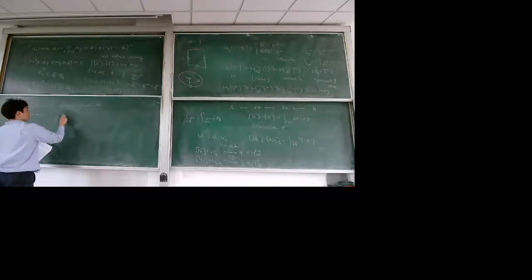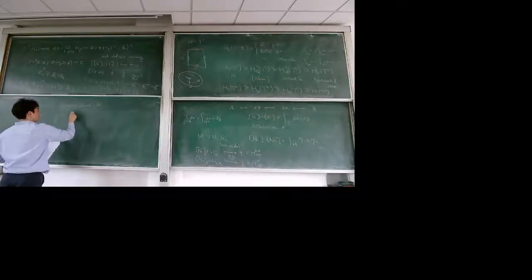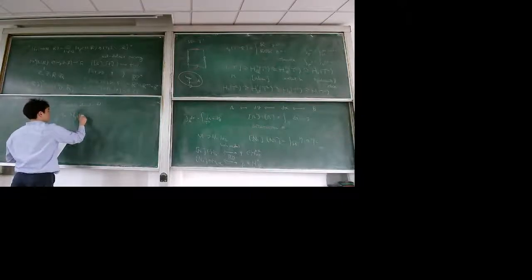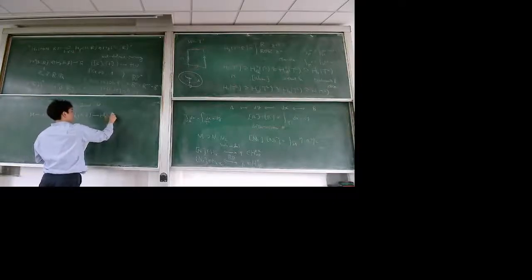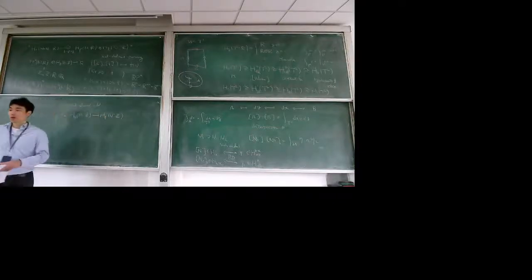That will induce a so-called homomorphism between the homology groups, and you can define the mapping degree as f star.